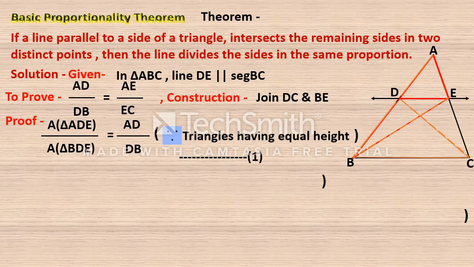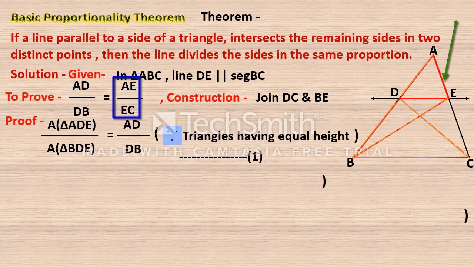Then for the RHS of what we have to prove, that is AE divided by EC.